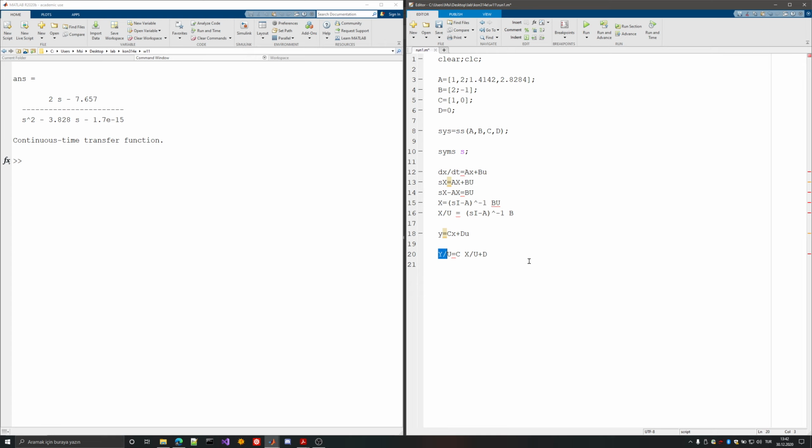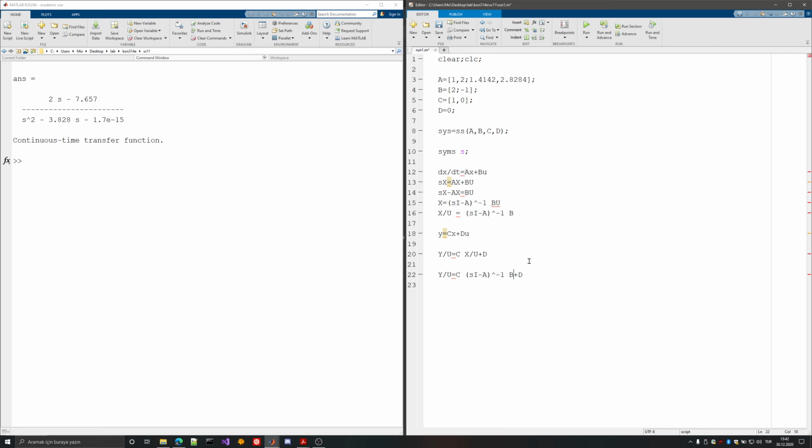Now, y divided by u is my transfer function, so I'm looking for that, and I need x divided by u. And interestingly enough, I've worked out the relation of x divided by u, the transfer function between the states and the input. If I plug this in, I have the transfer function already defined.